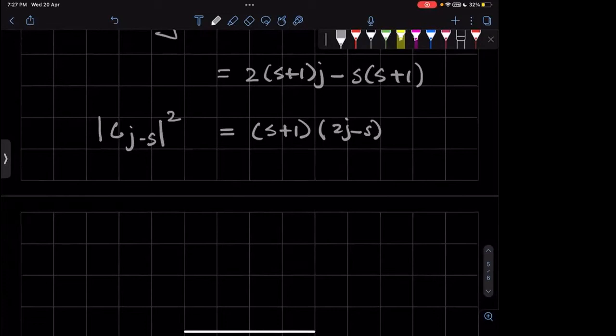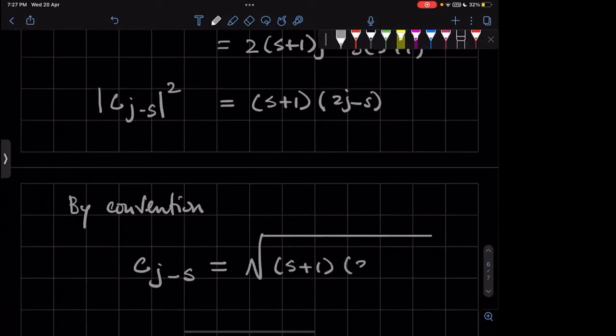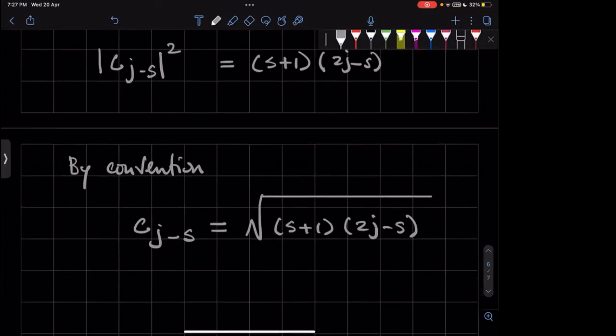So by convention, the phase we choose is just the positive number 1. So this gives us square root of S plus 1, 2J minus S, okay? So we just choose the phase arbitrarily. By convention, we choose it to be plus 1. So this is the value of one of those constants.